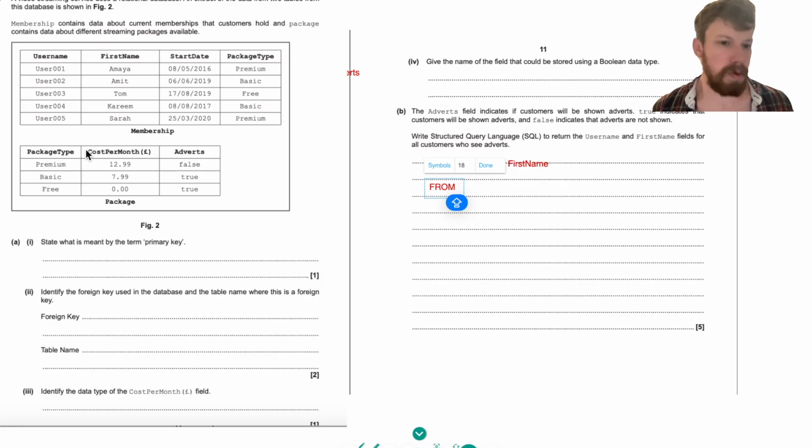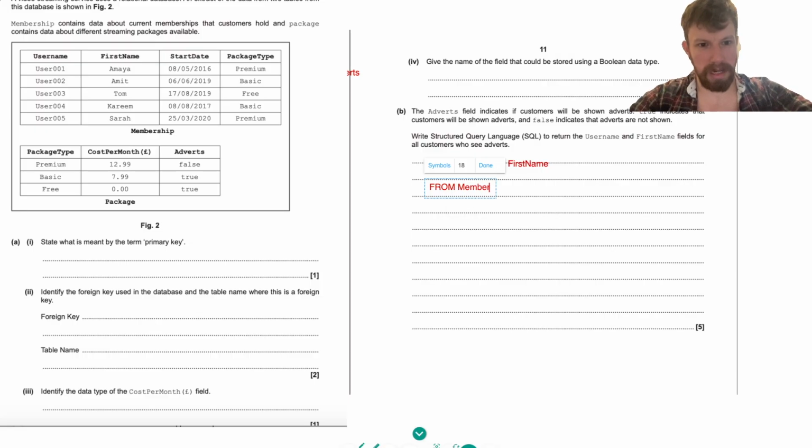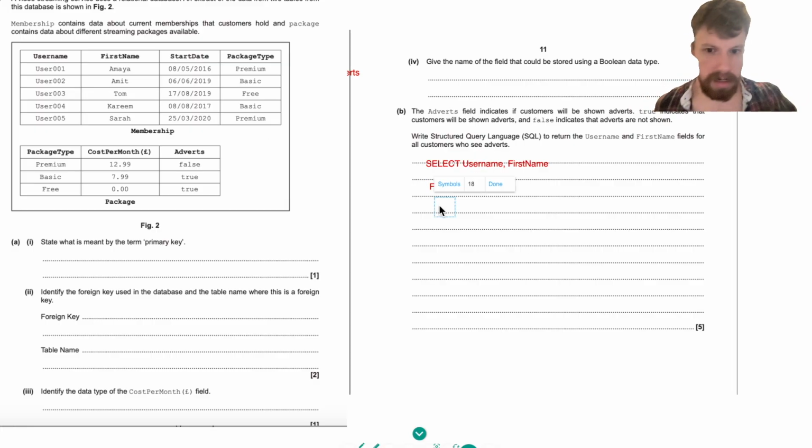So the reason that I'm going to put membership is because I'm displaying the information from here, okay? So I'm going to put from, and then I'll put membership. Again, be really careful with spelling like this, okay? That's all that there. So you'd be getting, I think, 2 marks there if you did all that. So loads of marks up for grabs, which is relatively straightforward to get.